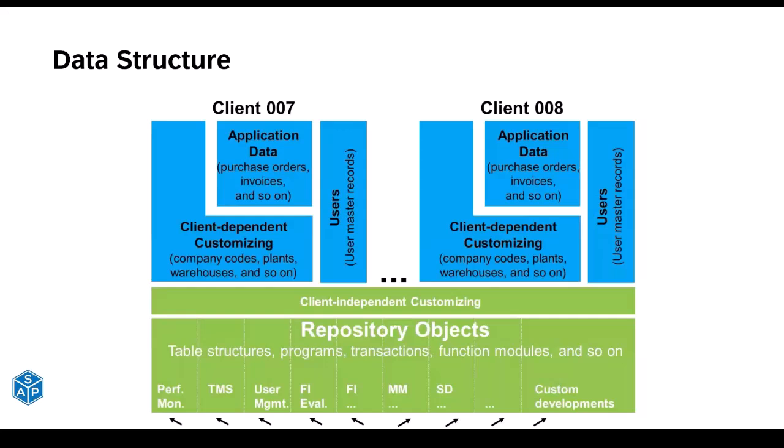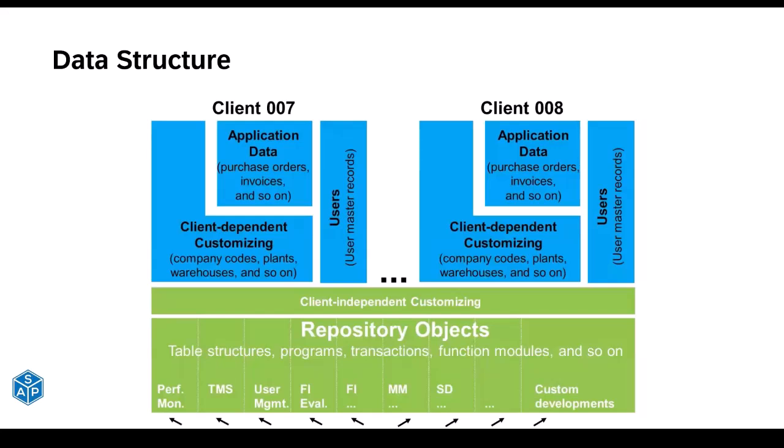So what they can do is create different clients. For example, client 100 will be for India, client 150 will be for US, client 200 will be for UK. So based on the country's structure, they will configure the client as per their country's policies.